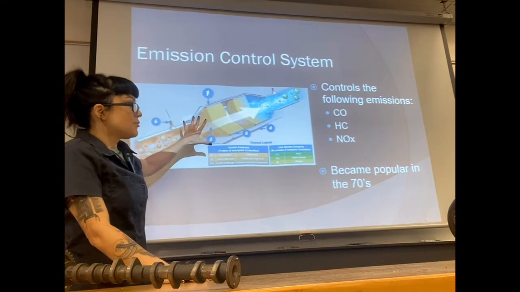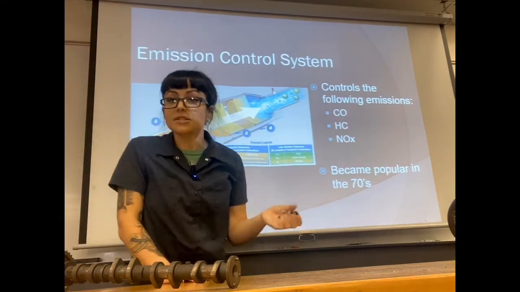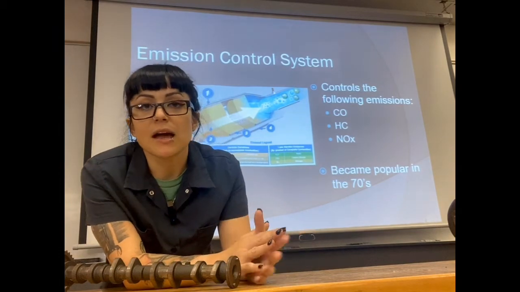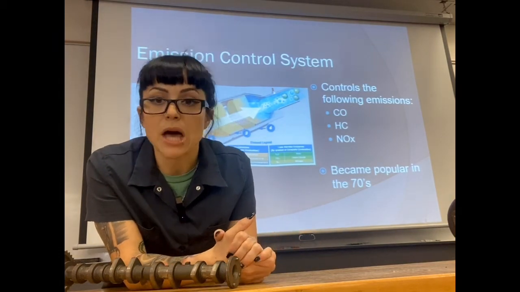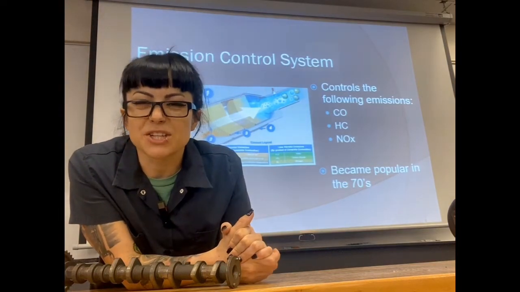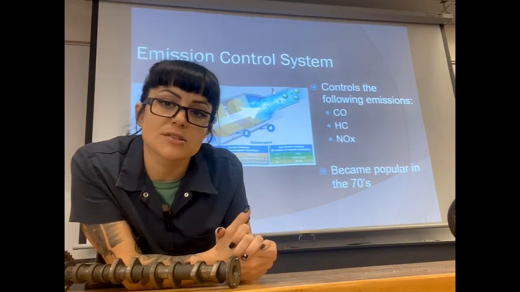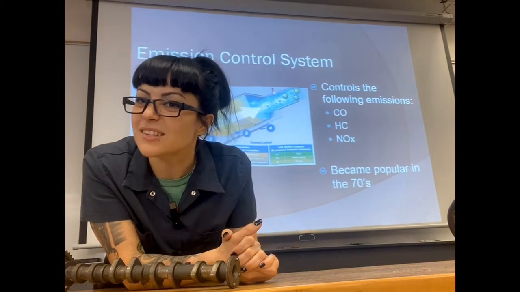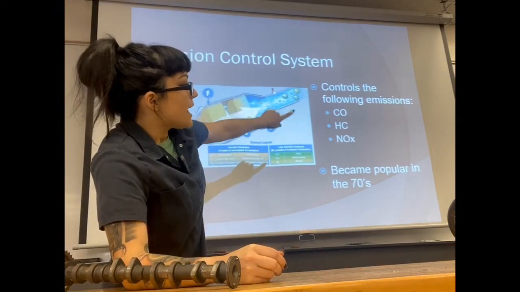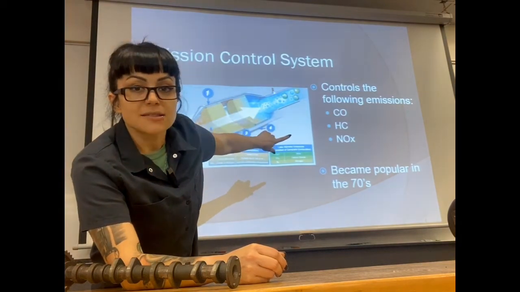So first things first, your vehicle out the tailpipe, as long as it's a gasoline vehicle or, really, any vehicle that burns fuel, not electric, is going to put out 3 big emissions. There are other emissions, but we'll get into those probably in the second to last week, when we get into emission controls. CO, HC, and NOx.